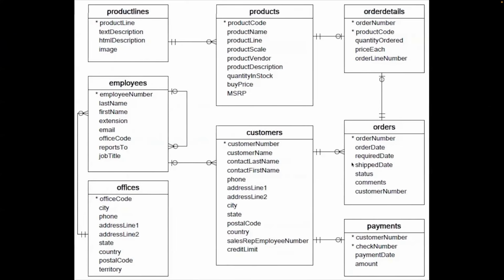So if you look at the schema for a second, each order has a required date, the date by which the order is required by the customer. And then each order has a ship date, the date it was shipped from classic models. So we want to determine the difference between the required date and ship date in number of days and then in number of hours. And then we want to find out which orders were shipped in less than 72 hours before being required.